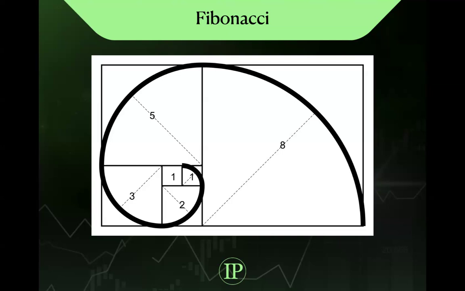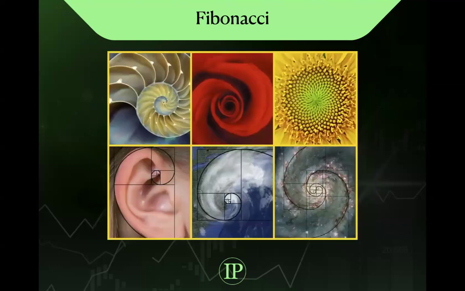If you follow it with a line from the start all the way to the end, you get this curve, and that curve continues as the number sequence continues. That is the spiral pattern that has been spoken about.